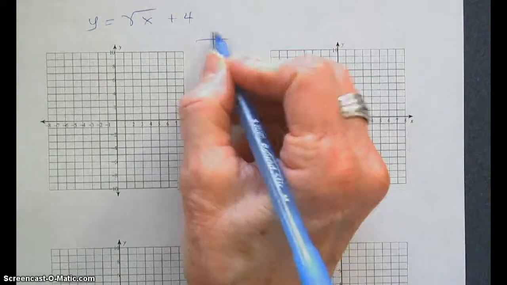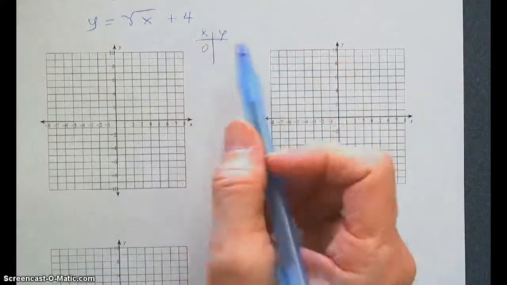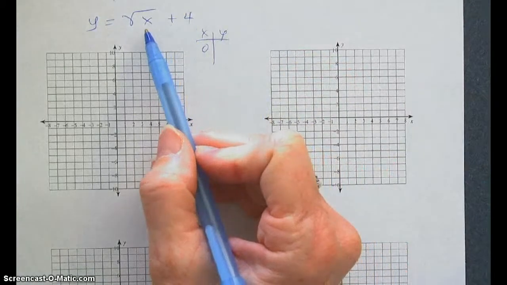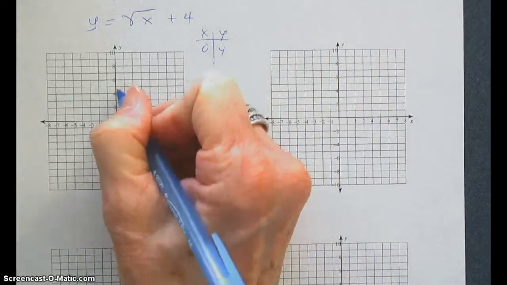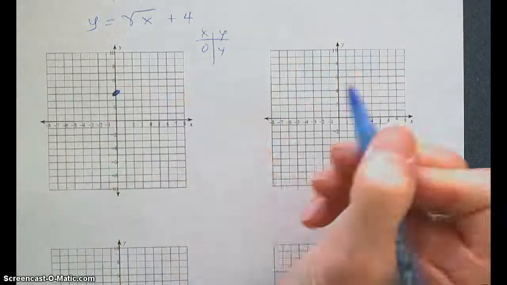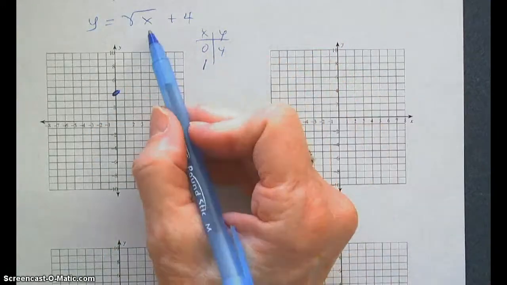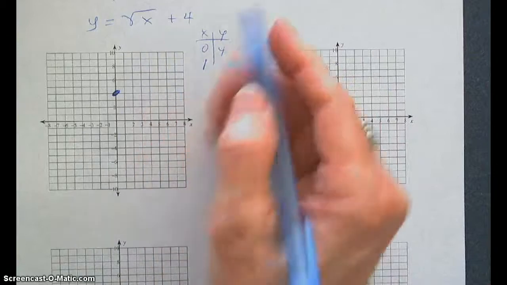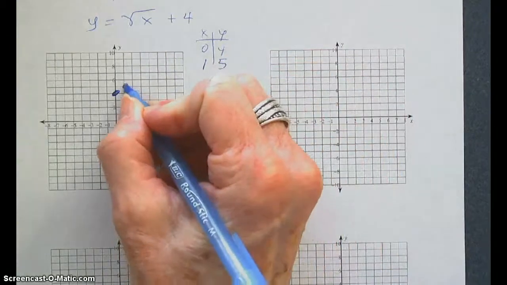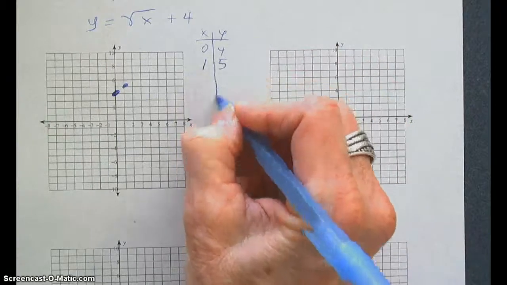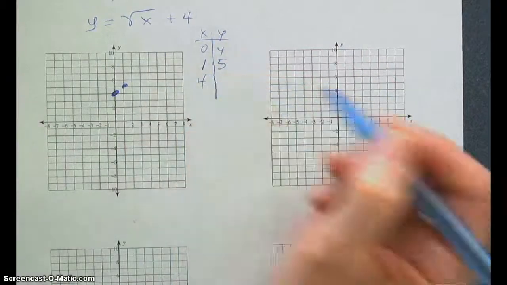If I stick in x equals 0, the square root of 0 is 0, and 0 plus 4 will be 4. So at 0, I'm going to have 4. If I stick in a 1, the square root of 1 is 1, and 1 plus 4 is 5, so I'm going to get 1, 5. And then the next square root that you probably know is 4.